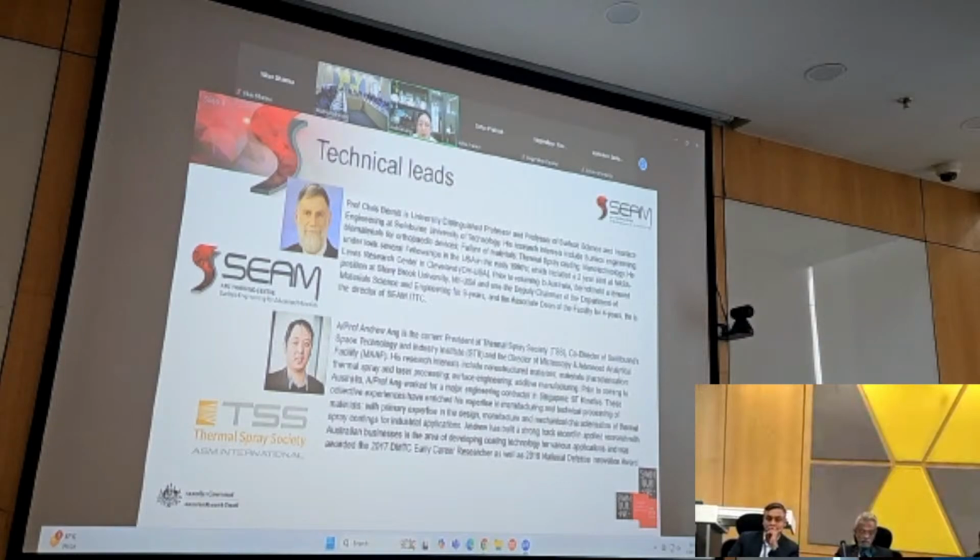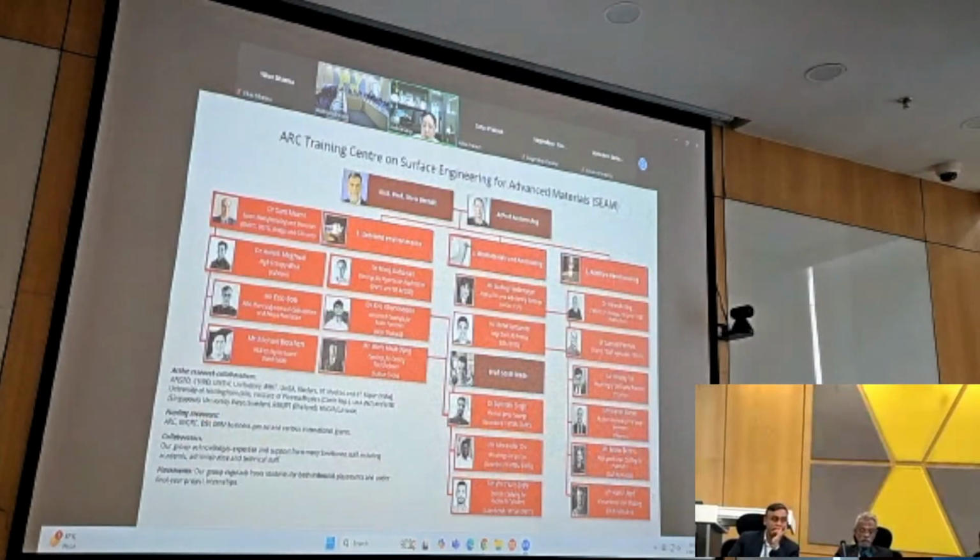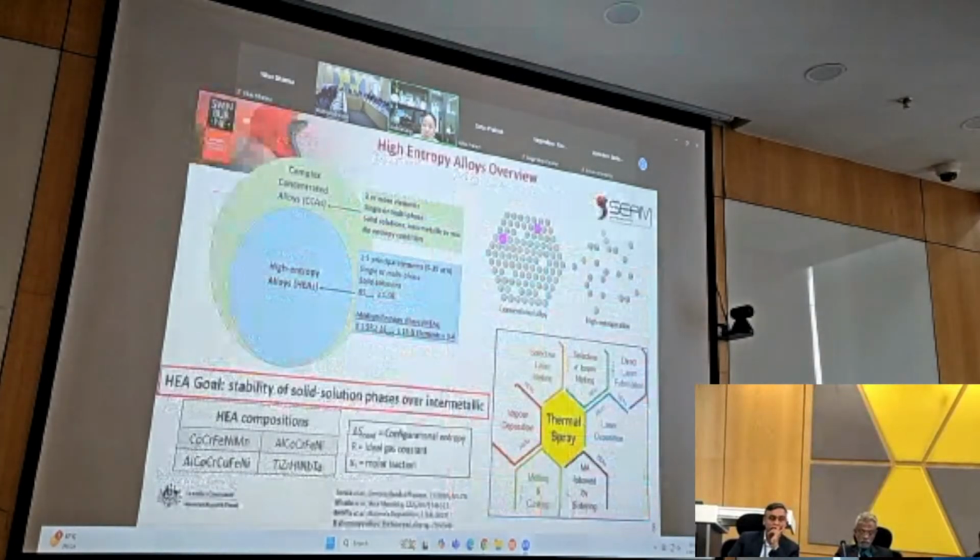Today what I'm talking about is high entropy alloys. I think a lot of you in our audience would know what high entropy alloys are.